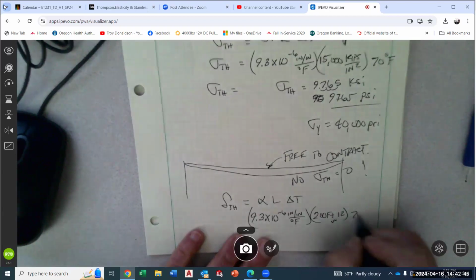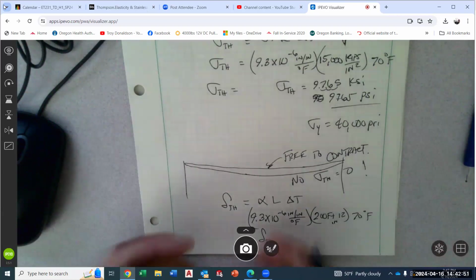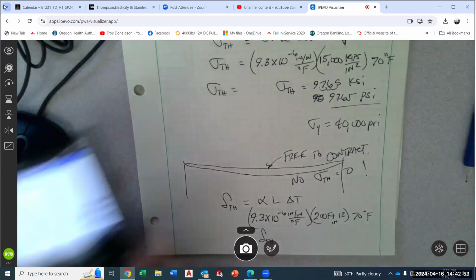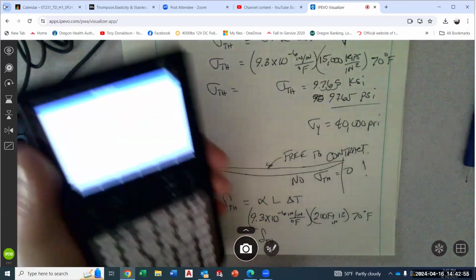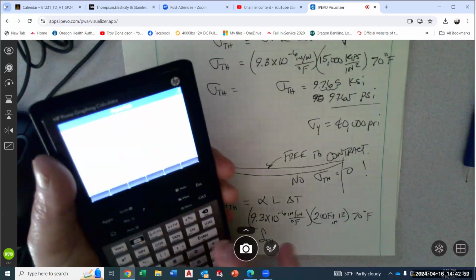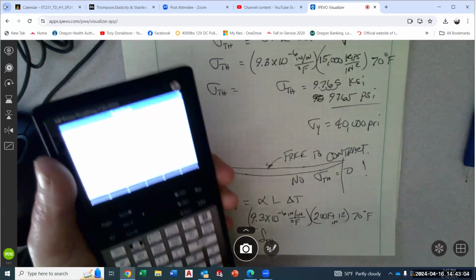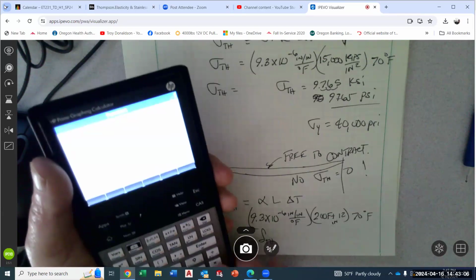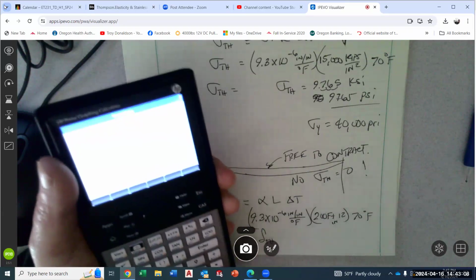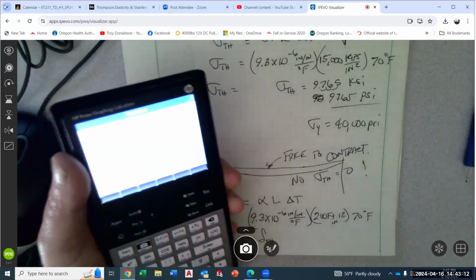And then I'm going to put my 70 degrees F in. If this thing is free to contract, then we can calculate it. 9.3 e to the -6 and 200 and then 70 times. It is going to contract.